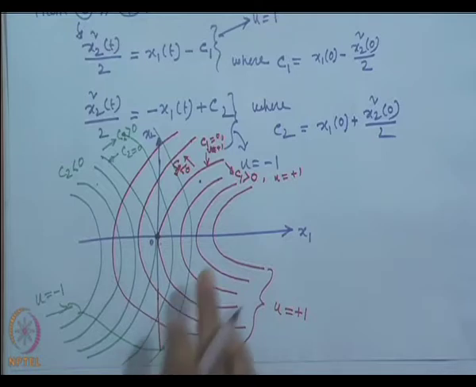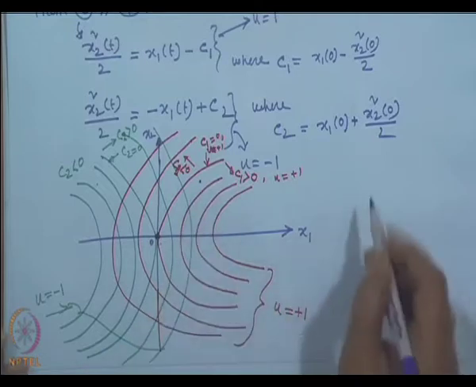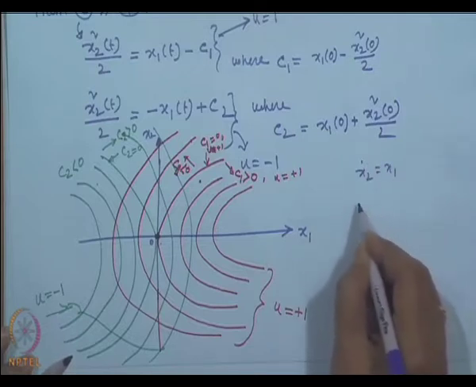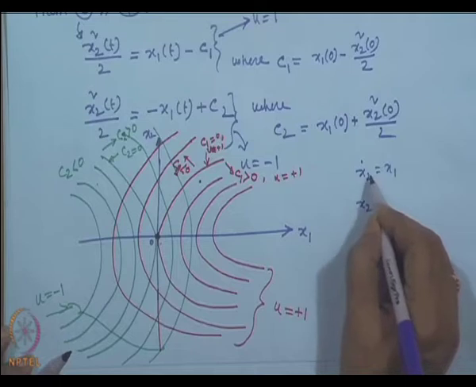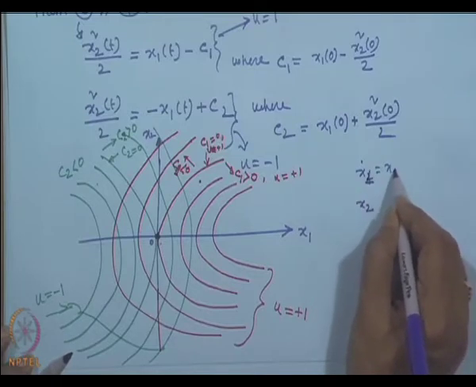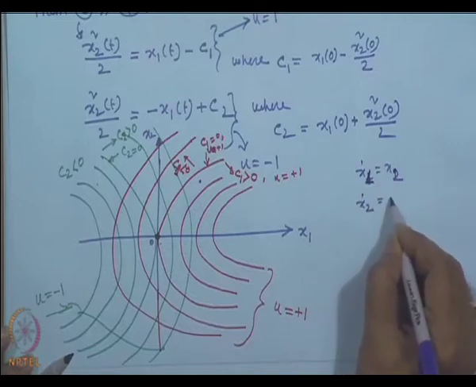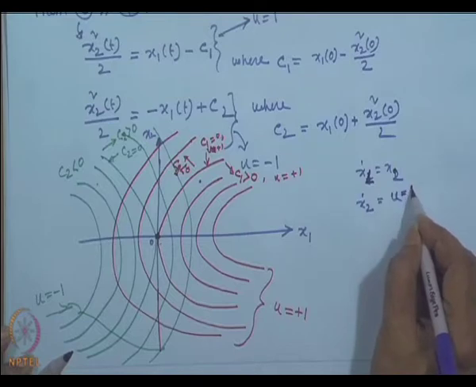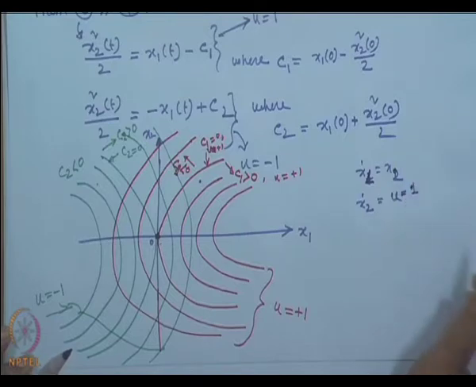Then what are the dynamic equations? x1 dot is equal to x2 and x2 dot is equal to u, and u is either plus 1 or minus 1.